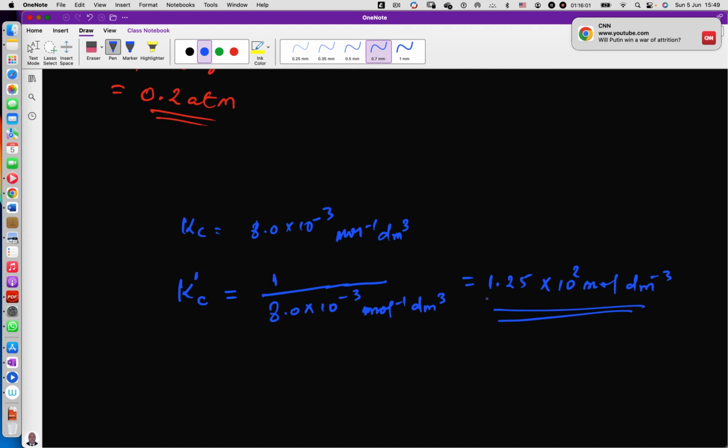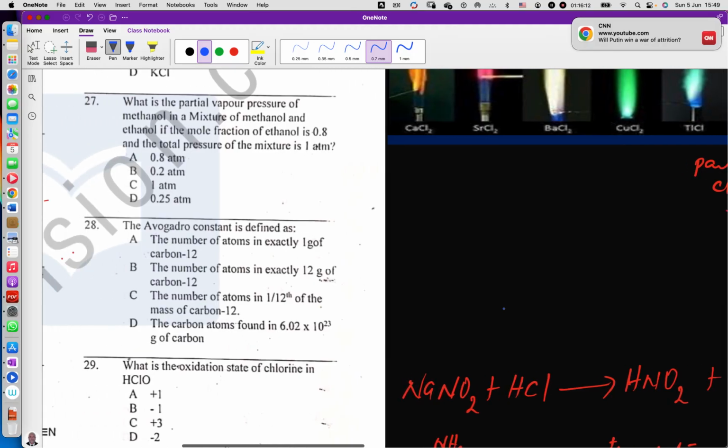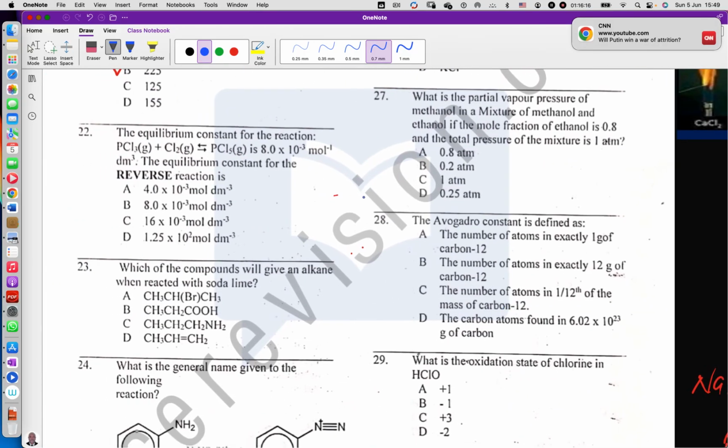That is the equilibrium constant for the reverse reaction. Okay, let's see if we have the same answer here. So my answer for question number 22 is D.